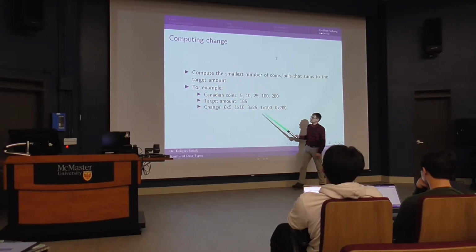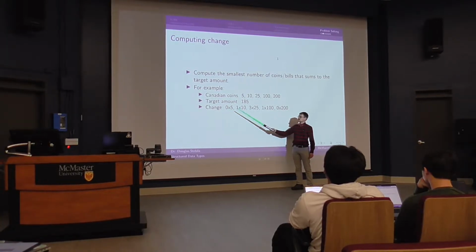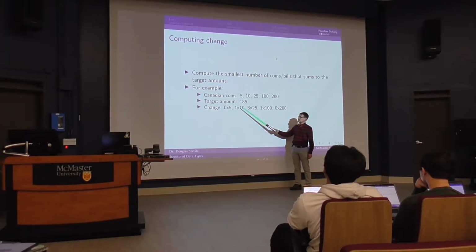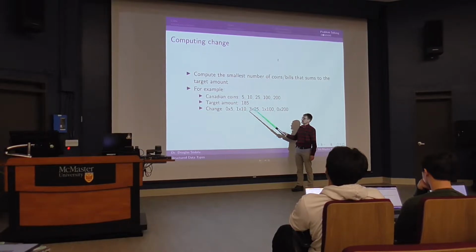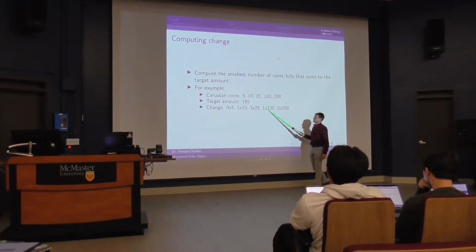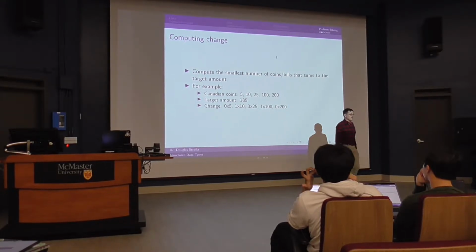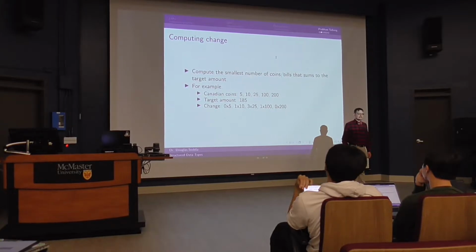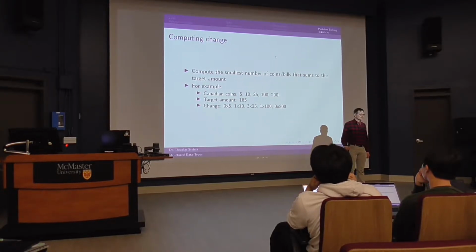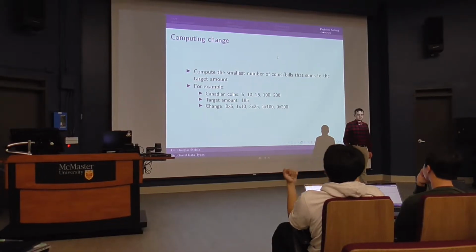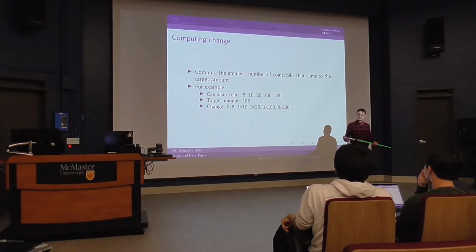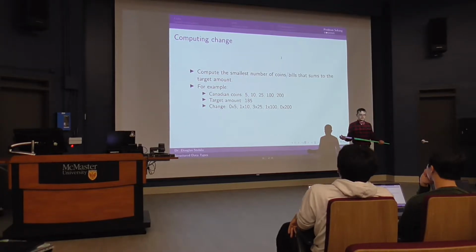So we would have a times 5 plus b times 10 plus c times 25 plus d times 100 plus e times 200 is equal to 85. Solve for a, b, c, d, and e. We do not yet have enough information to be able to deterministically solve this problem.